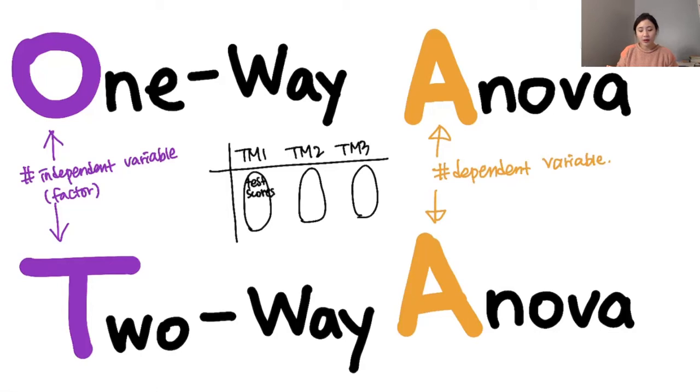This is my one-way ANOVA design. We have only one independent variable, which is the teaching method, and only one dependent variable, which is the test scores.